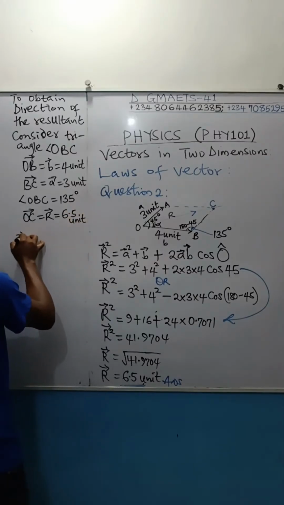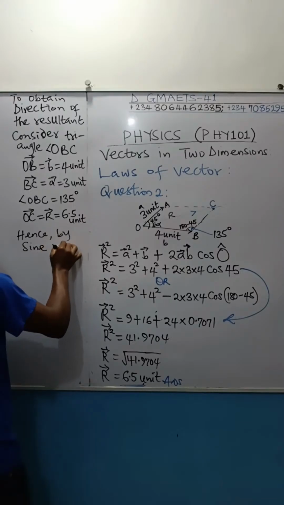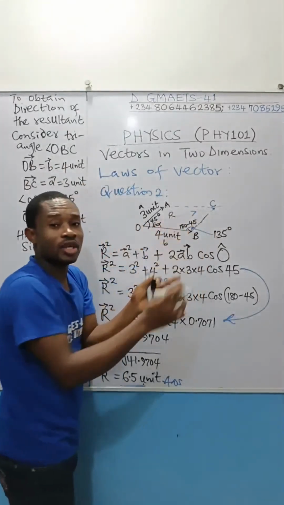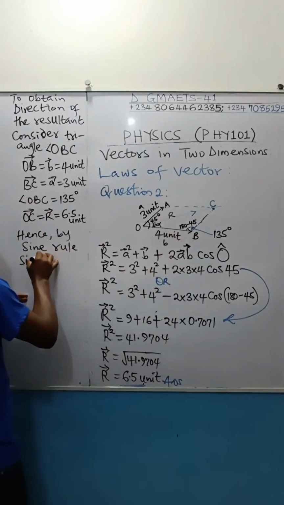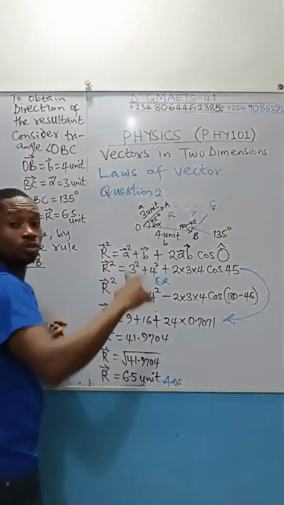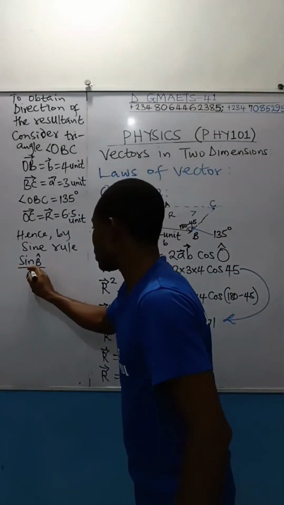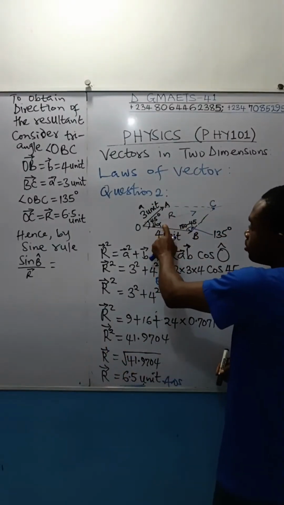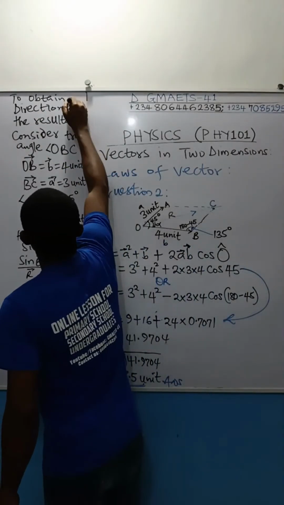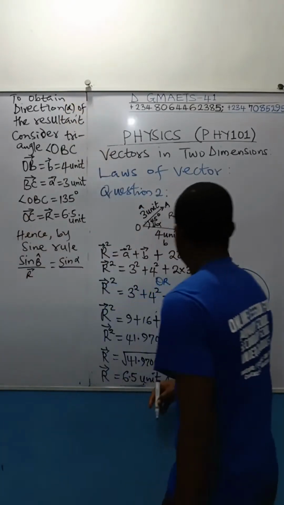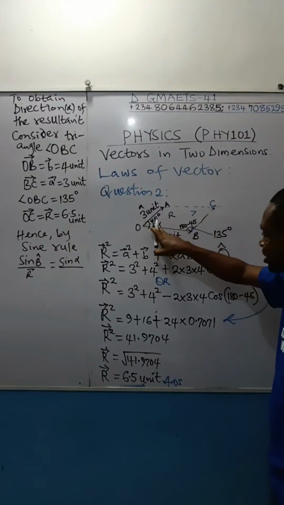6.5 units. It implies that, hence, by sine rule, because the values we have for this triangle satisfy the sine rule, we're going to have sine of this angle B divided by the side facing angle B, the resultant vector, will be equal to, we are looking for this angle, sine of this direction alpha, the alpha of the resultant, all over the side of triangle OBC facing that angle alpha.